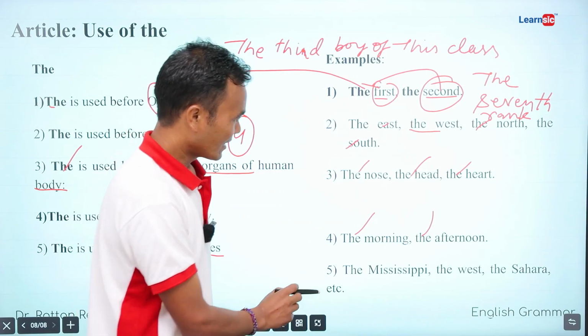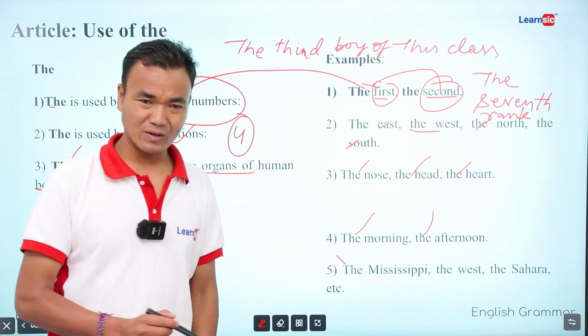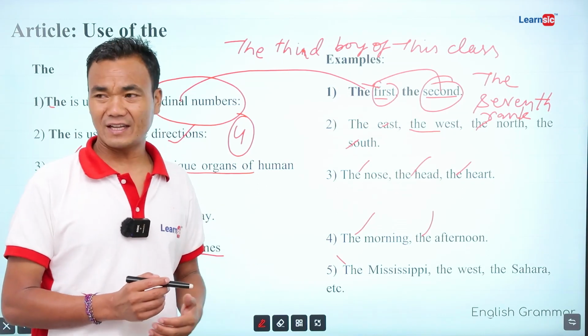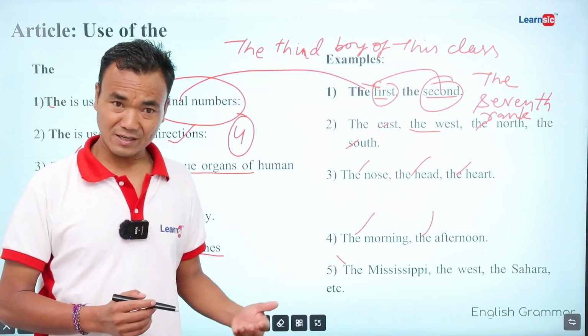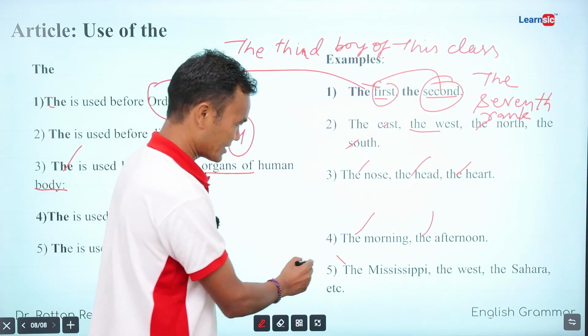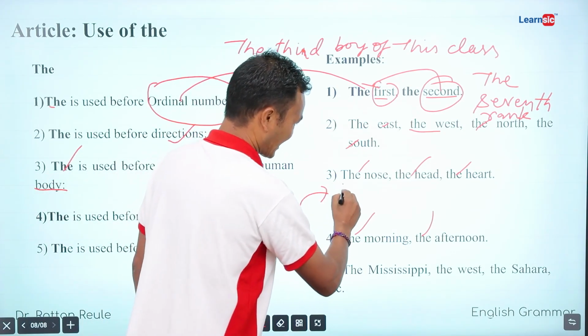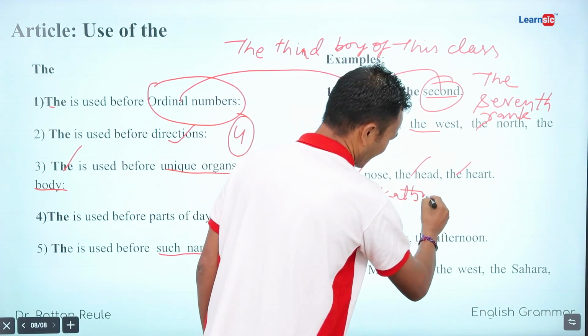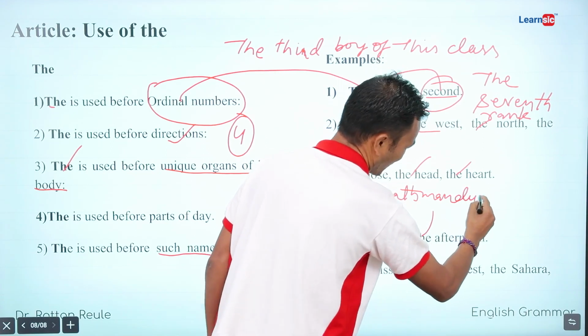And what are they? The name of some islands, the name of some countries, the name of some newspapers, and the name of some places. Like, I just write here a few examples of it. The Kathmandu Post is the name of a newspaper, an English newspaper, Kathmandu Post, right?